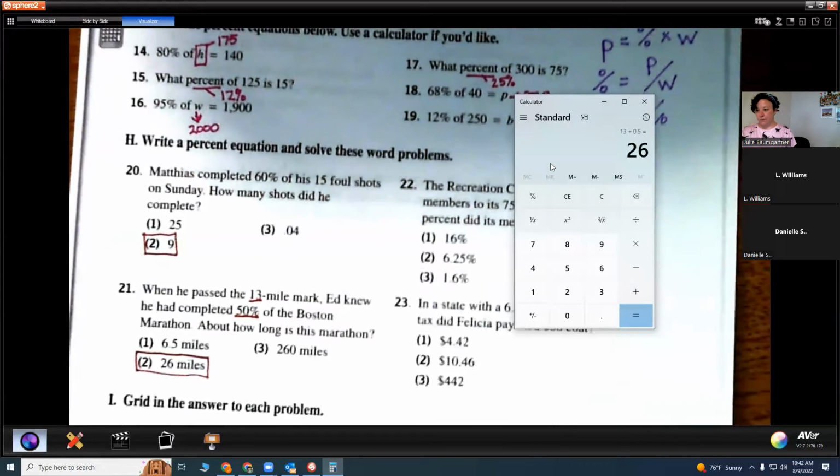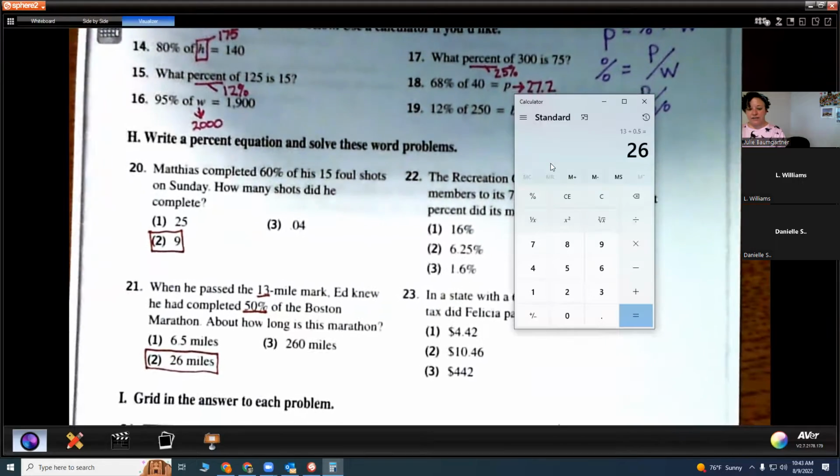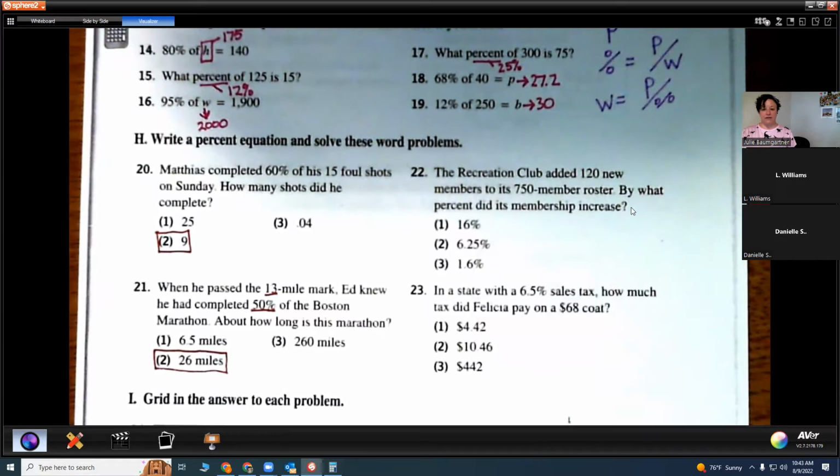And of course, hopefully, if you think about what the question's actually asking, if he's at the 13-mile mark, then it can't be 6.5 miles, because he's already gone 13 miles. But it's okay.